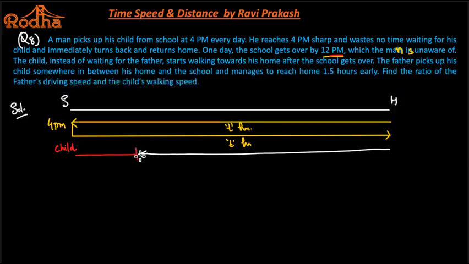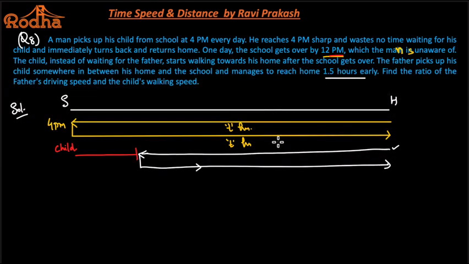He picked his child in between and then came back. Person started at this point, picked his child in between and then came back, and because of this he could save 1.5 hours in total.